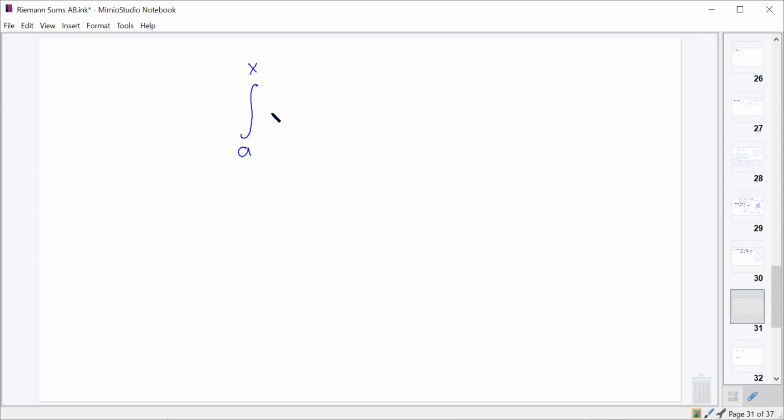We're going to say that the integral from a to x of some function f of t dt is equal to capital F of x.